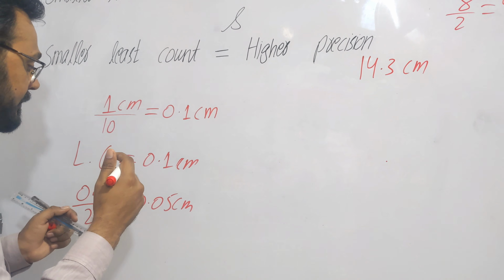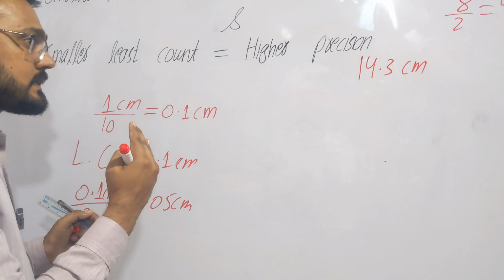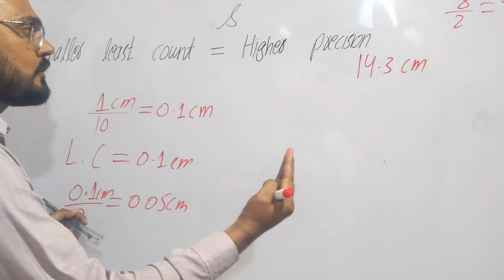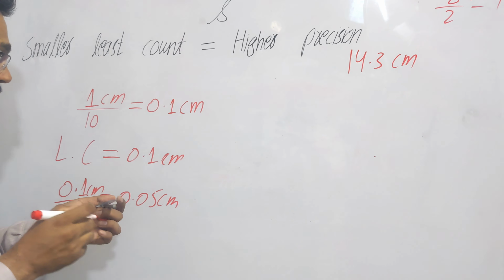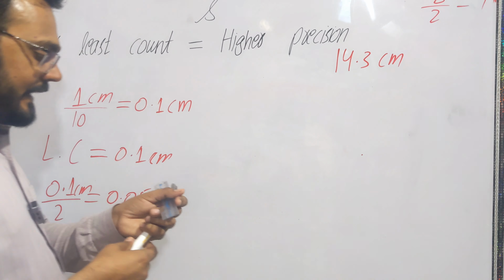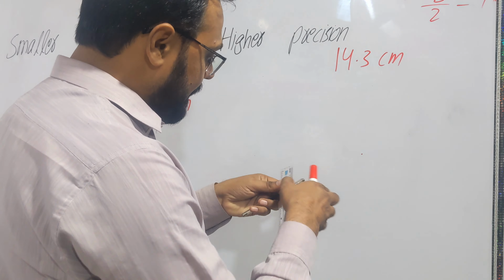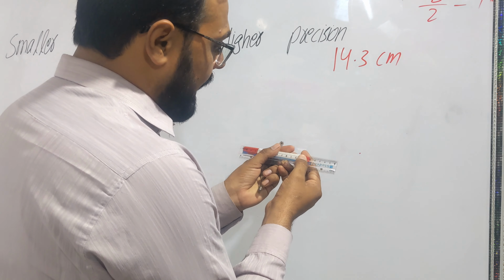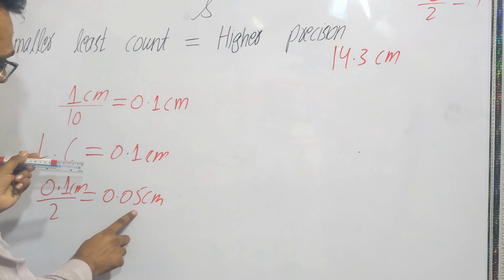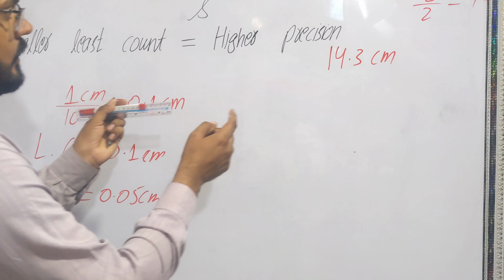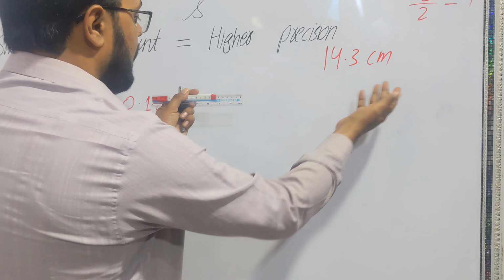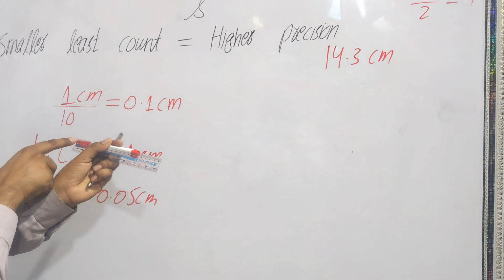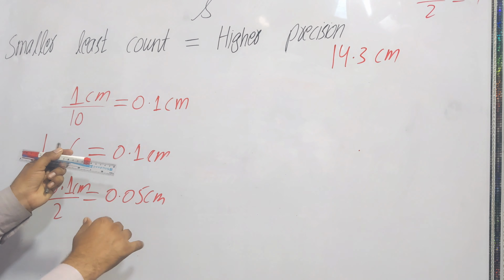So the length might be slightly more. How much more? 0.05 more or 0.05 less from both ends. While measuring, the length might be 0.05 more from 14.3 at this end, or 0.05 less at this end.